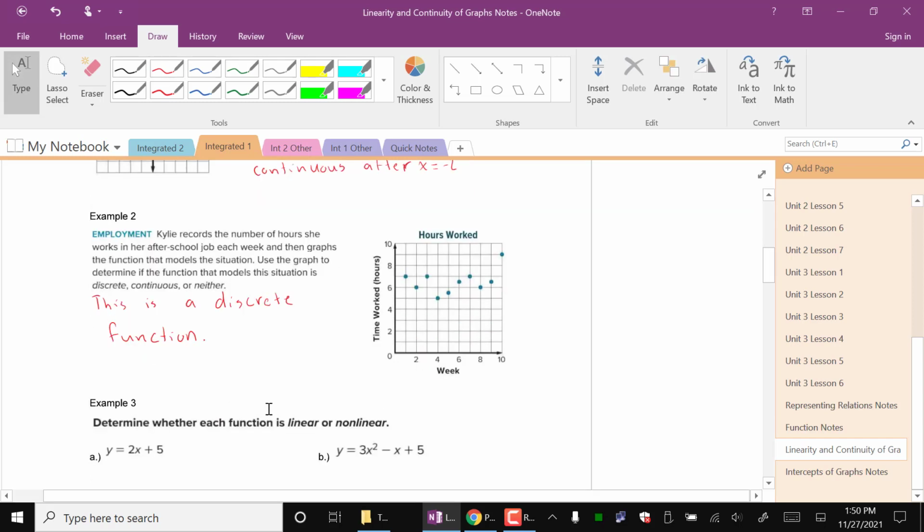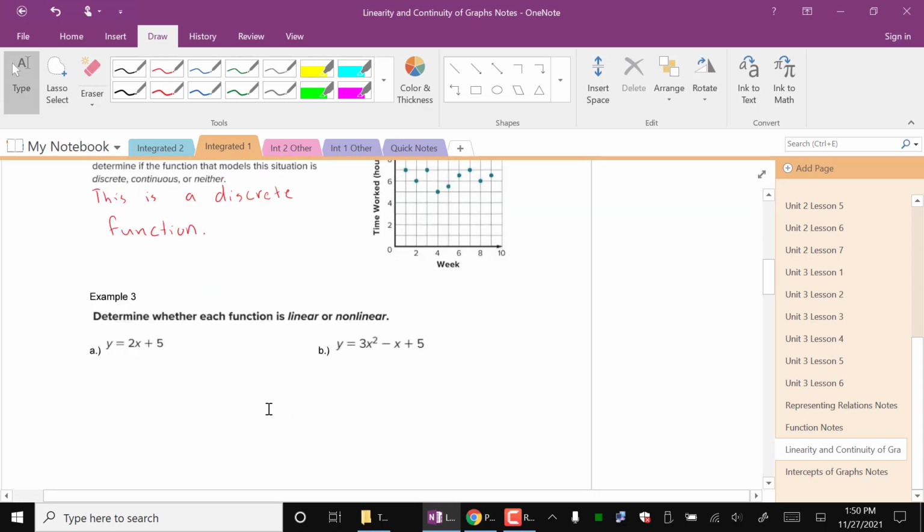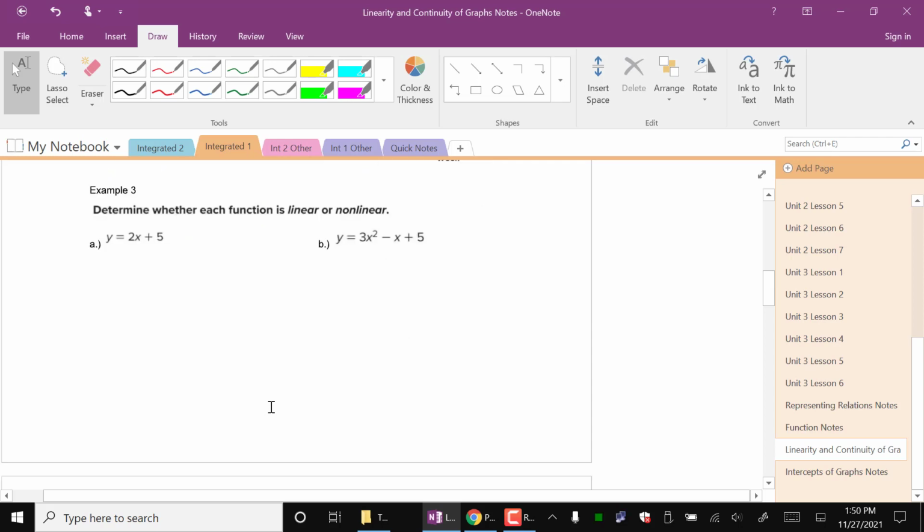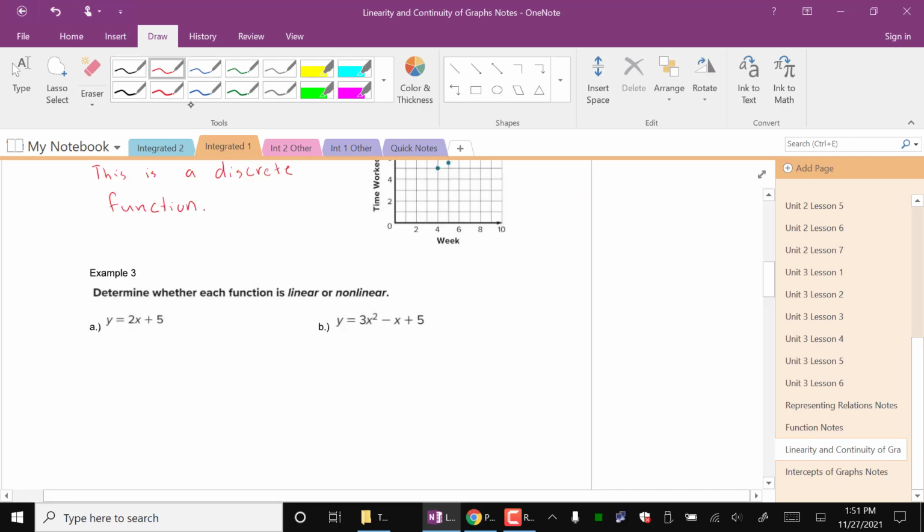All right, let's take a look at example 3. So now we're moving away from discrete, continuous, and neither. Now we're going to look at, is it linear or is it nonlinear? Linear means it makes a straight line. So that's linear.